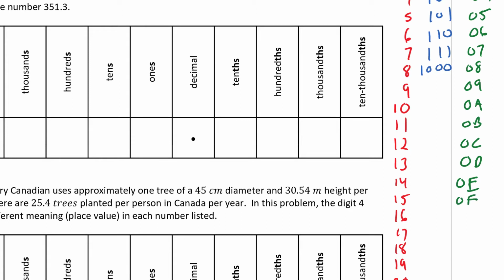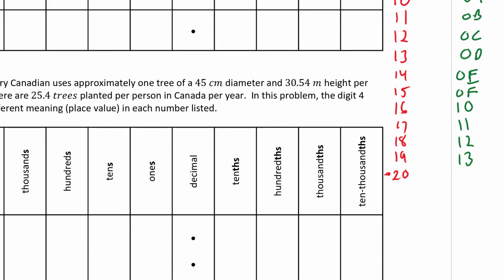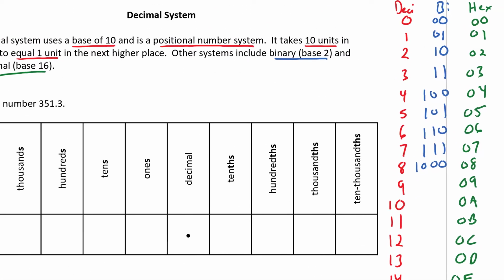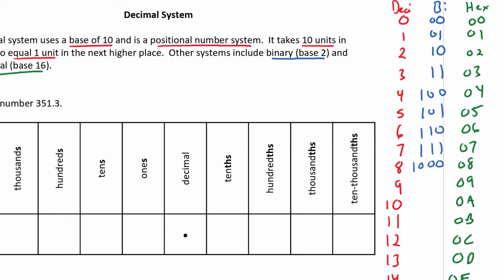And now it switches up. This goes 10, 11. So you can see it may look very basic. You're counting numbers with decimals. However, there are different systems for counting. Decimal is what we're using, but if you work in computers, you could be working in either binary or hexadecimal. So I just want to make you aware that those systems do exist.